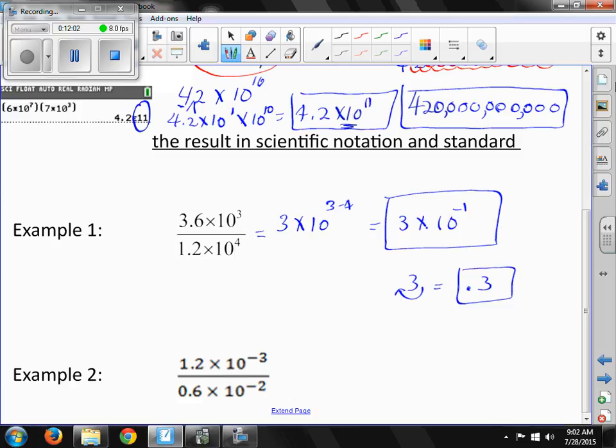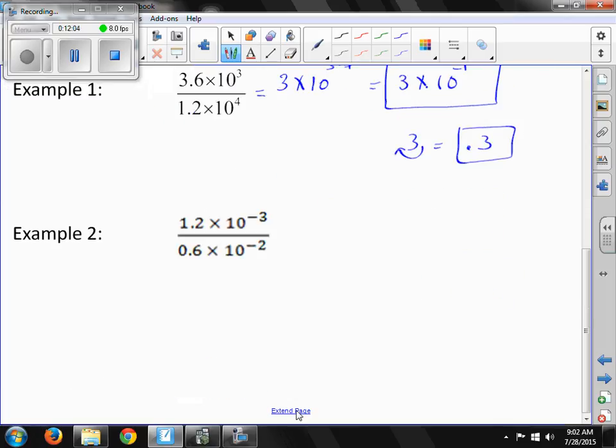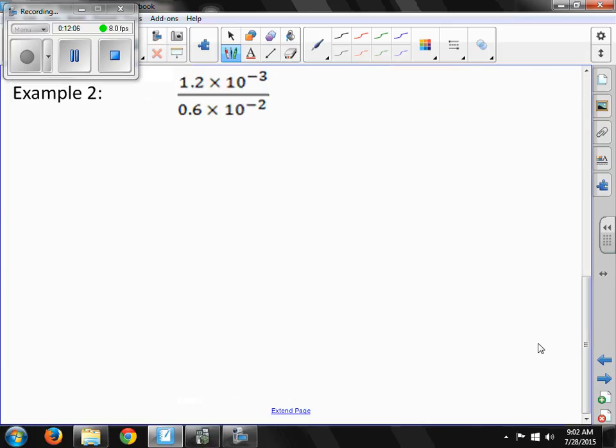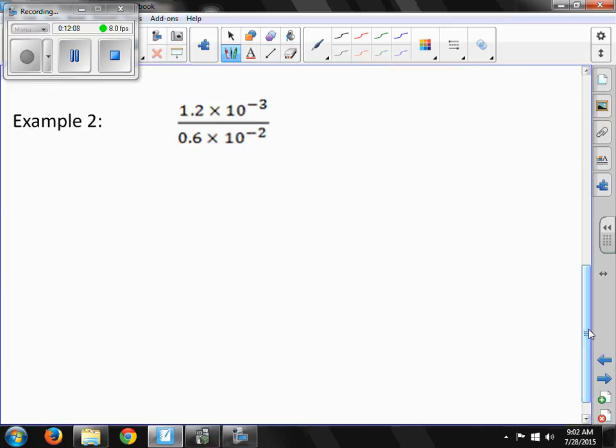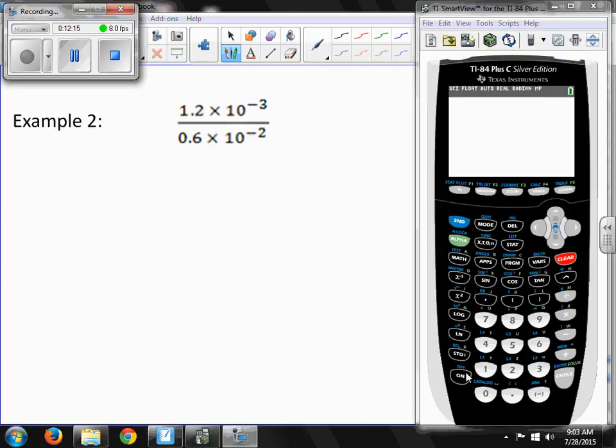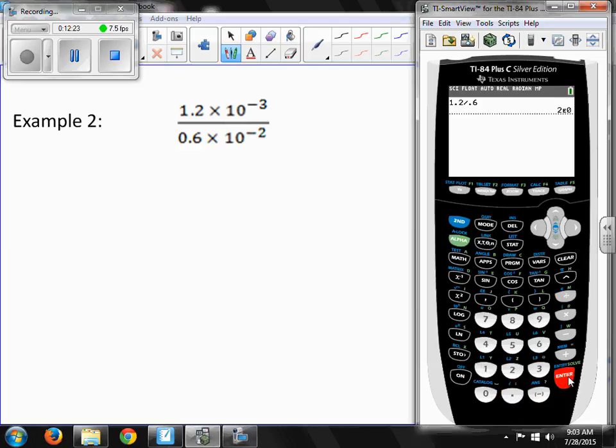Now, example 2 is the last example in this section, and I will show you how to do it on the calculator both ways, in scientific notation and in standard notation. So I'm going to divide 1.2 divided by 0.6, and that gives me 2. It gives me 2e0, which means times 10 to the 0, which just means times 1.